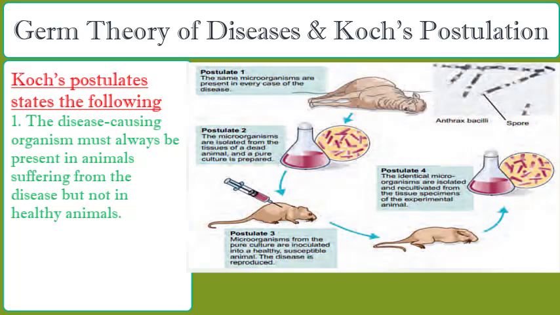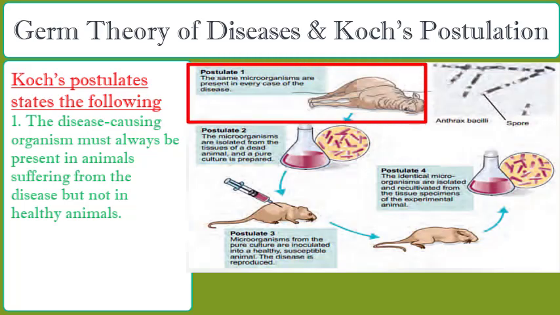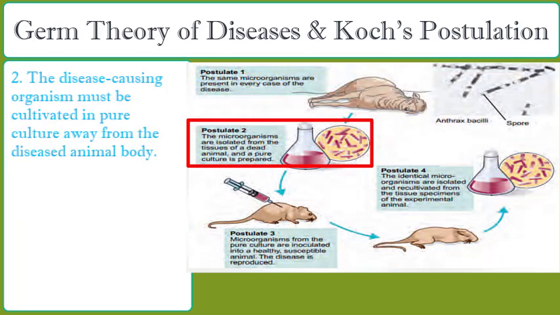The first postulate of Koch is that the microorganism must be found in all organisms suffering from the disease, but not in healthy individuals. The second postulate stated that the microorganism must be isolated from a diseased organism and grown in pure culture.